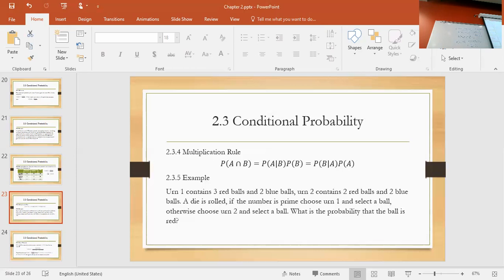1/2, you choose N1, 1/2, you choose N2. If you choose N1, you can have either red or blue. So, given that you choose N1, what is the probability that the ball is red? Given that you choose N2, what is the probability that the ball is red?